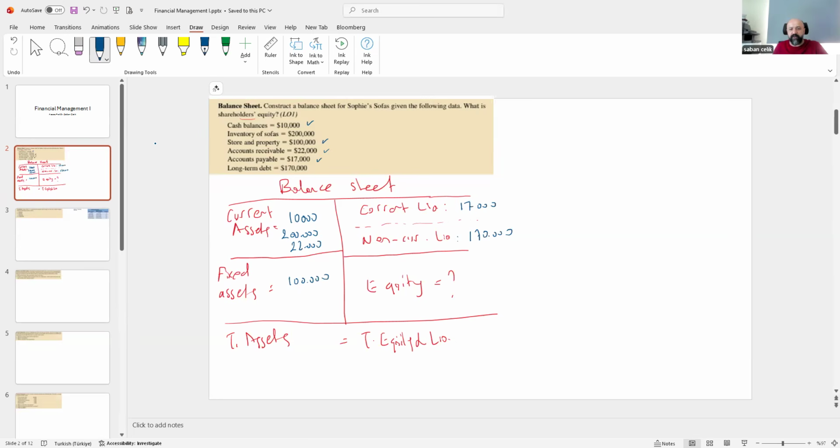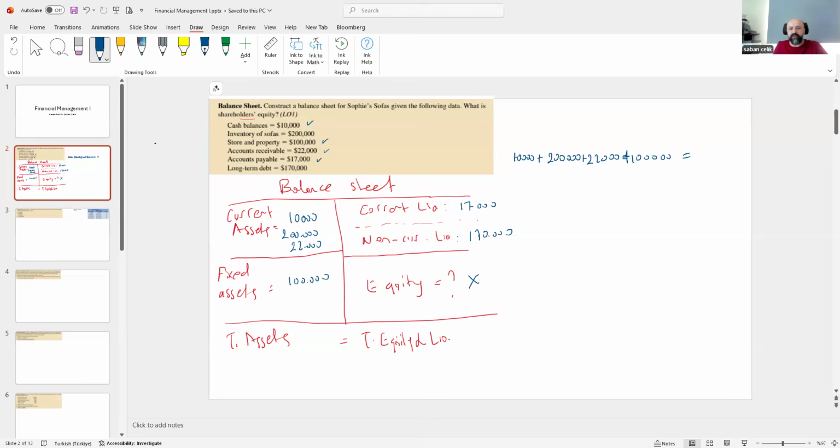As you see, the sum of asset will be equal to the sum of total equity and liabilities. This is going to be a question mark, which is X. You sum this part, and I'm going to write this: 10,000 plus 200,000 plus 22,000 plus these other figures, 100,000.